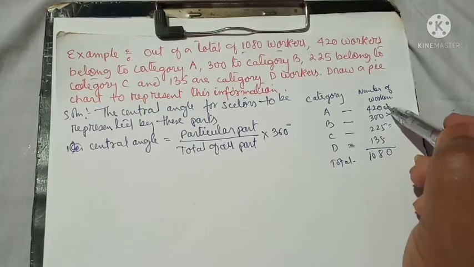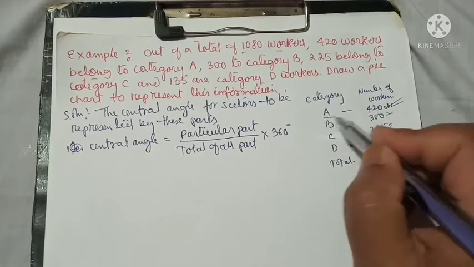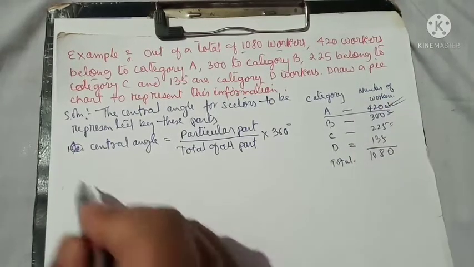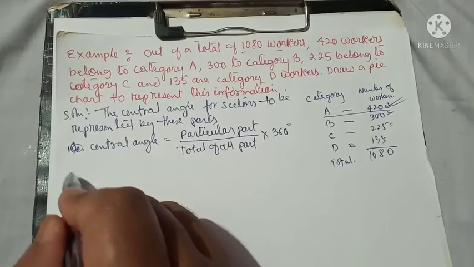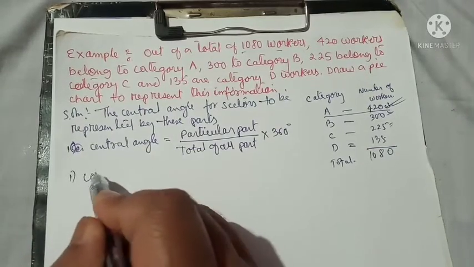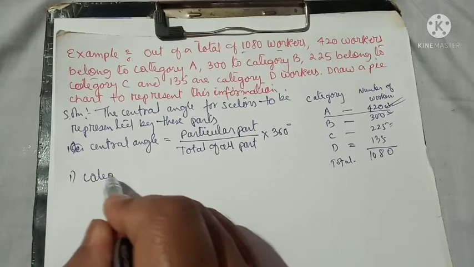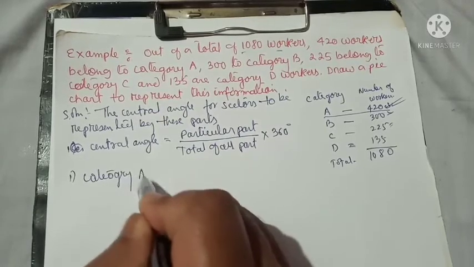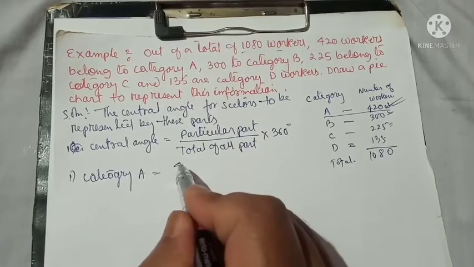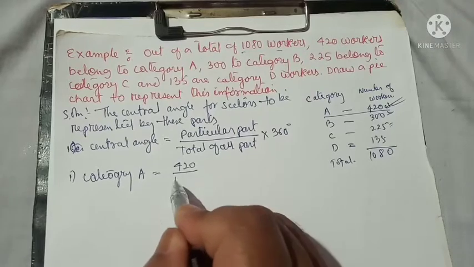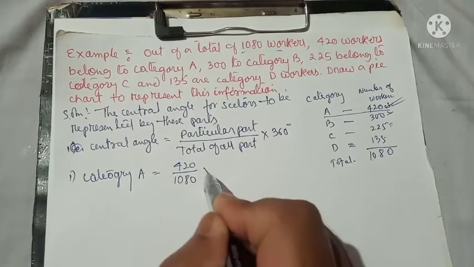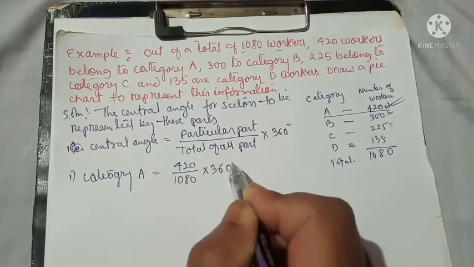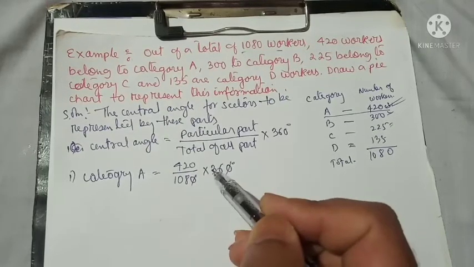Now first we find the central angle for category A. The particular part is 420, the total is 1080, into 360.